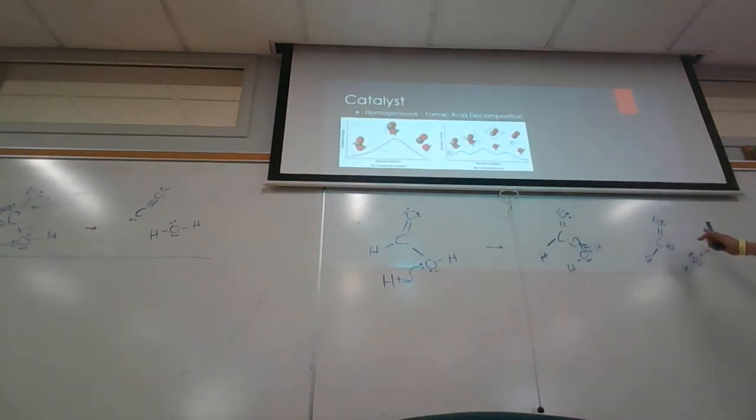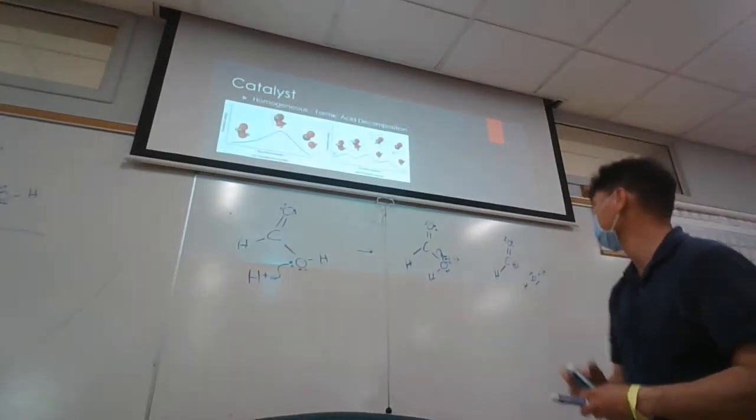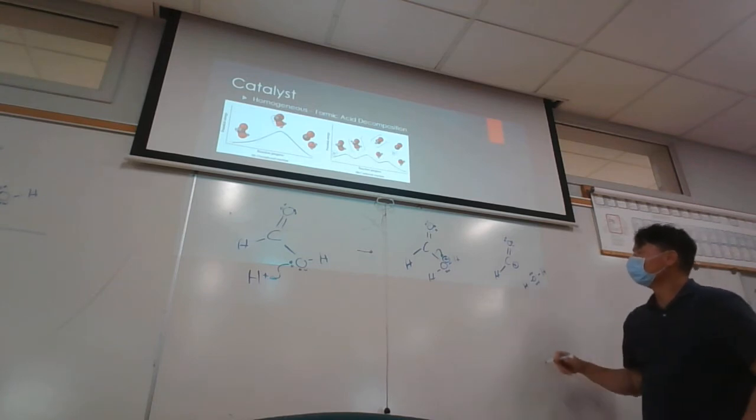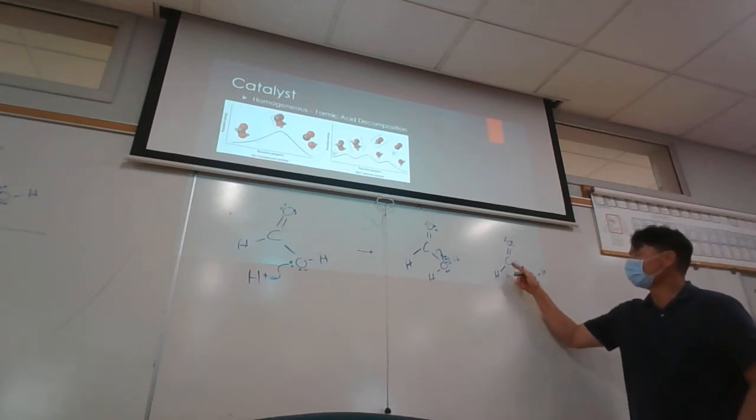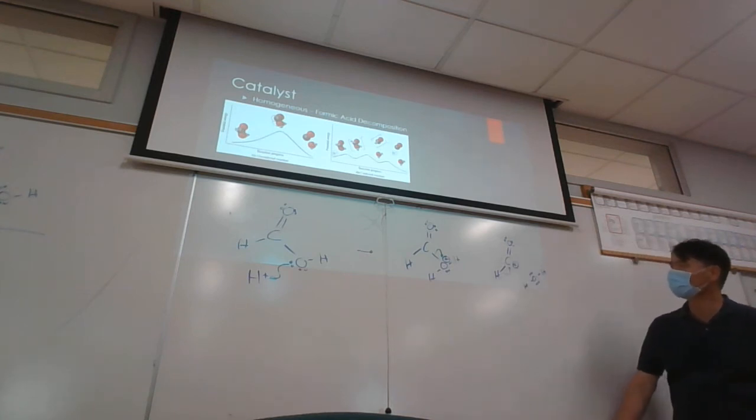Well, this HCO unit isn't so stable looking. Carbon doesn't have an octet, there's a formal charge. And so how can we rearrange the electrons here to further stabilize this? So one thing that could be done is this carbon's going to take the electrons from hydrogen here. But that still doesn't cure the octet problem.